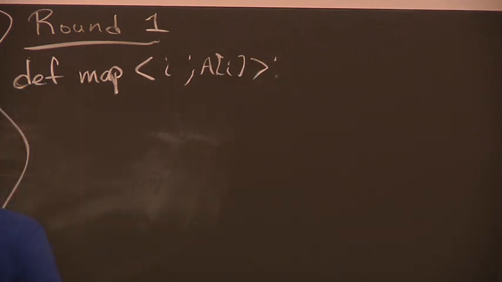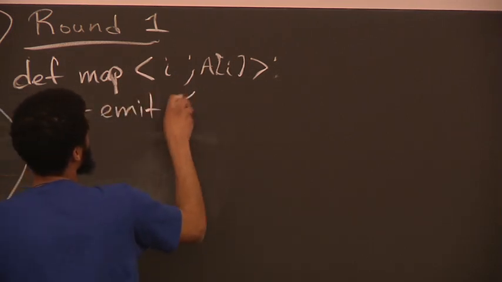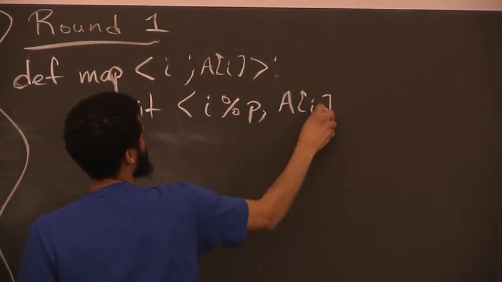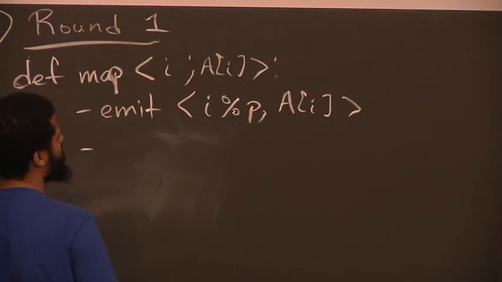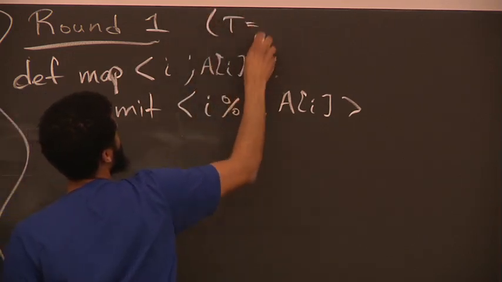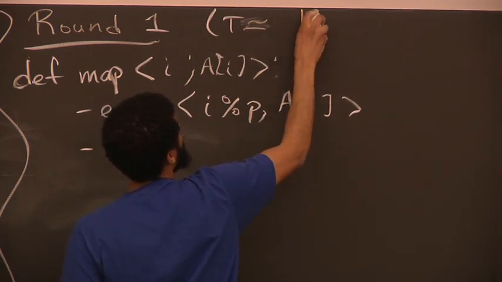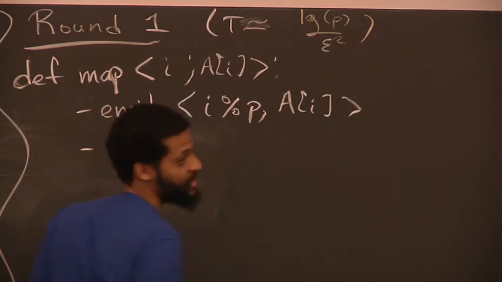What I'm going to do is emit (i mod p, A_i). Also, I'm going to set t to be something like log p over epsilon squared. We'll see where this comes from in a second.